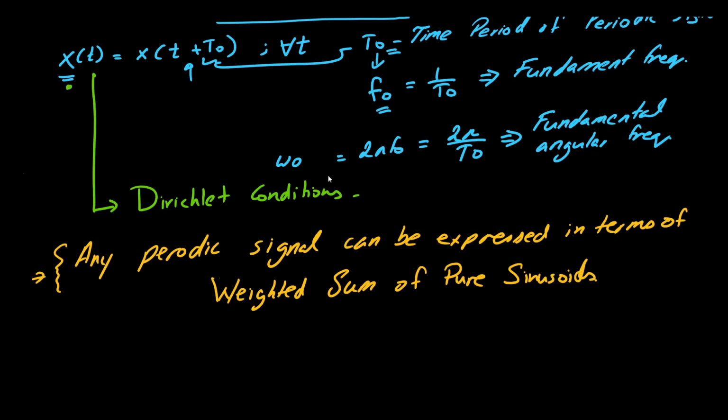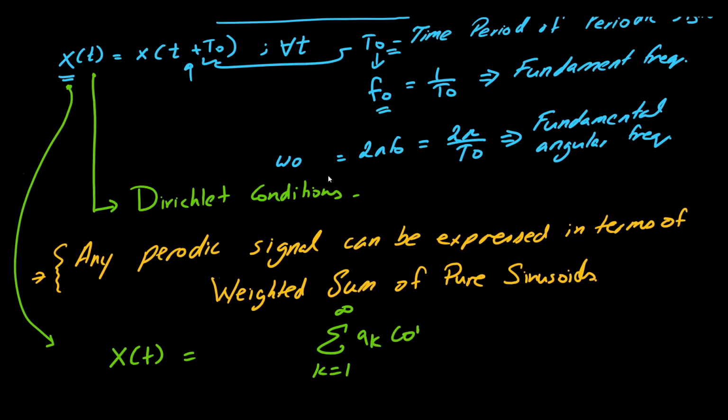Therefore, we can express x of t, which is periodic, as a weighted sum of pure sinusoids. That is, we can express it as x of t equal to the summation from k equals 1 to infinity of ak cos k omega naught t plus bk sine k omega naught t.